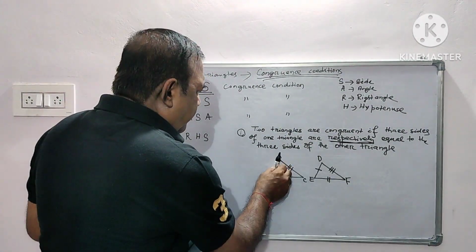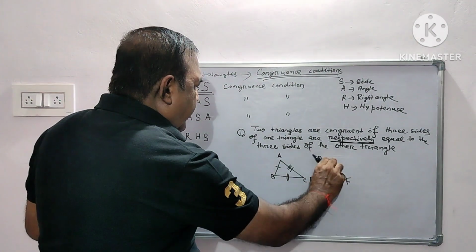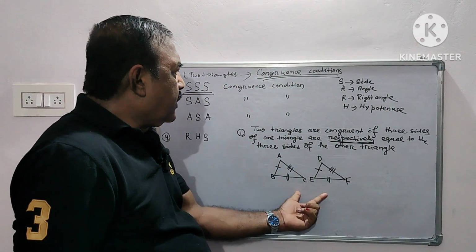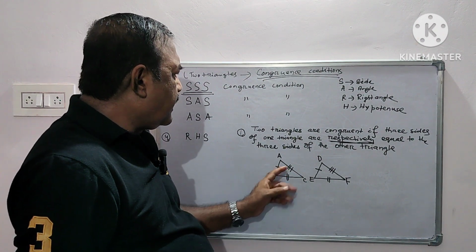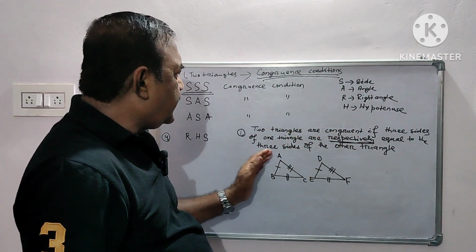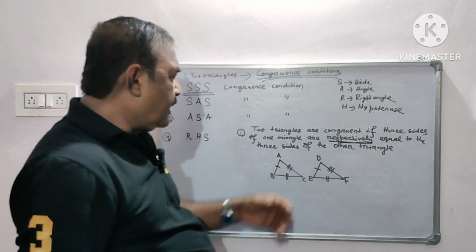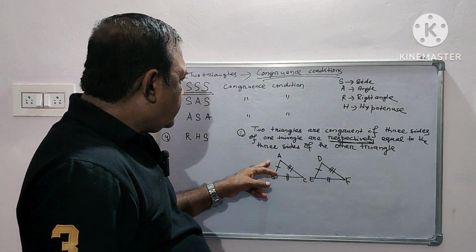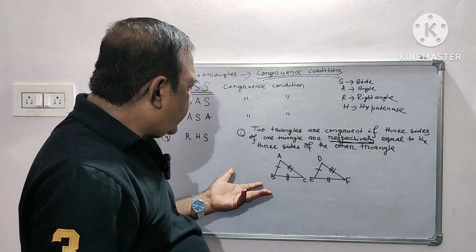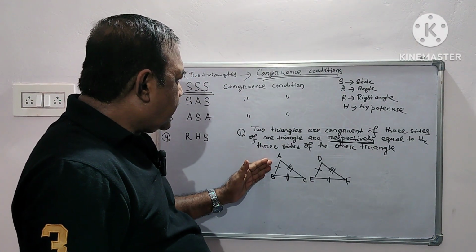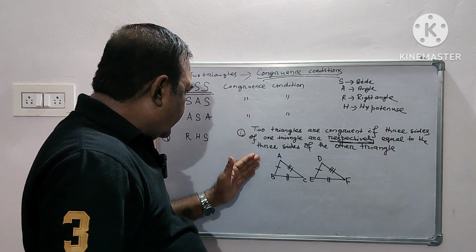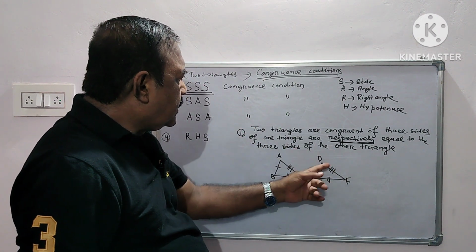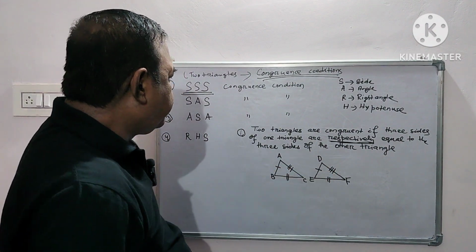So DE for AB, EF for BC and FD for CA. Two triangles are congruent if three sides of one triangle are respectively equal to the three sides of the other triangle. Here we are only discussing the three sides.